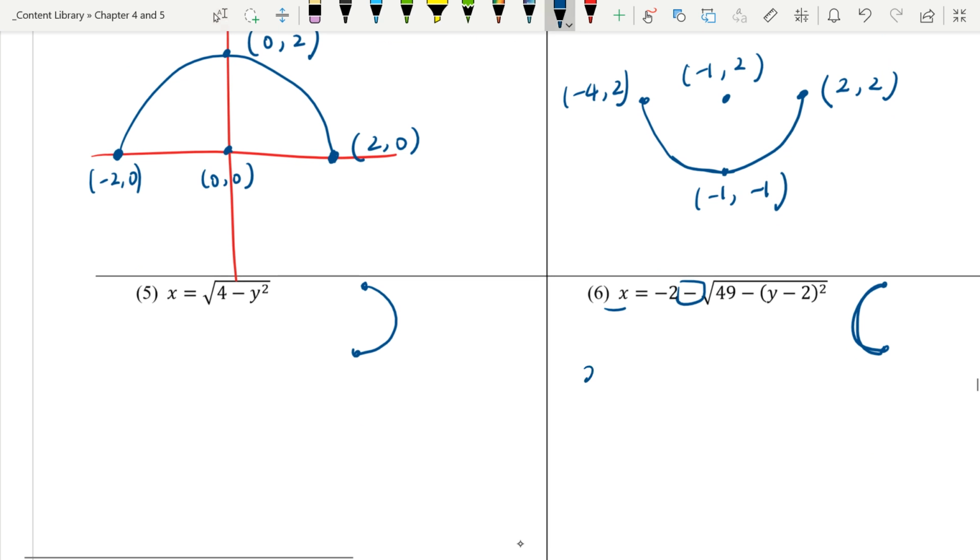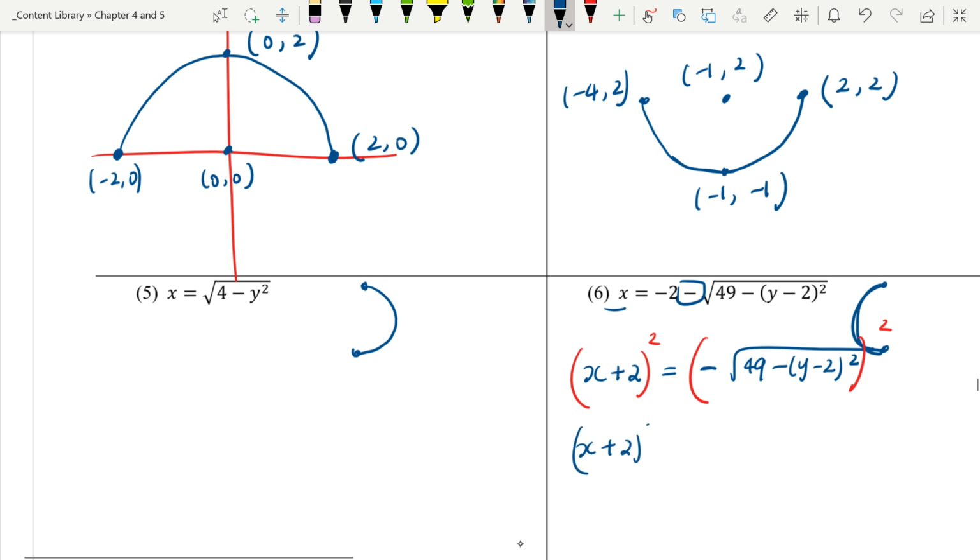Okay, for this one, I will still square both sides. So I have (x plus 2) squared equals 49 minus (y minus 2) squared.